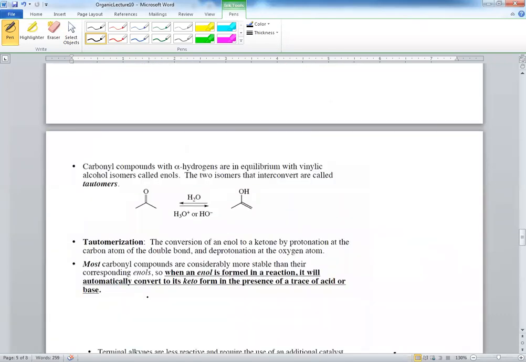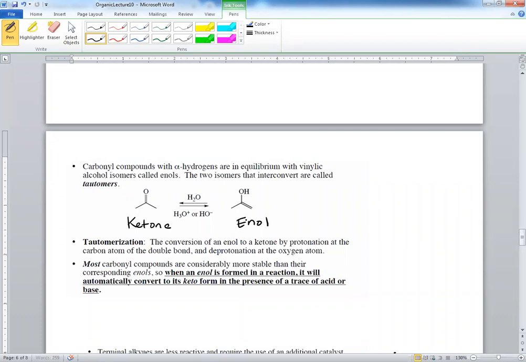There's one thing, since we're on this topic, is that carbonyl compounds with alpha hydrogens are in equilibrium with vinylic alcohol isomers called enols. So while you did make a ketone, you can also have the enol version. An enol is, obviously, you have an alkene, that's what the en means, and the ol from the alcohol.